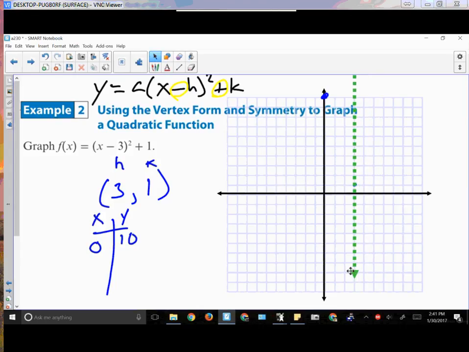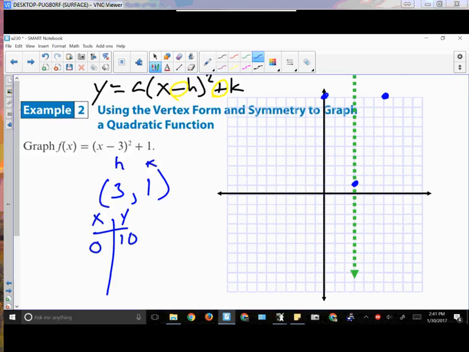One side is the same as the other, correct? So, if I know that I've got this as 10, that's 1, 2, 3 places over, would I have another one 1, 2, 3 places over here? Should that be correct? Because if we've got our zero, our vertex down here, it should be coming up.